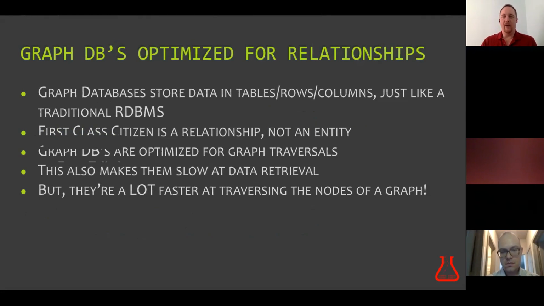So that actually makes graph databases a little bit slow when you're retrieving data, but orders of magnitude faster when you're traversing a graph. And the way that the implementation works, a first-class citizen in a graph database is considered a relationship between objects, whereas in a relational database, the first-class citizen is an entity, a thing with data about it.